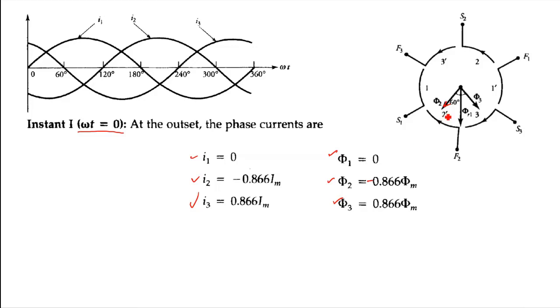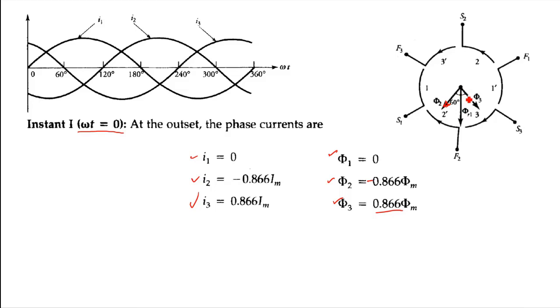Whereas phi 3 is positive 0.866 phi m, so it is plotted from 3 dash to 3, that means from north to south. This is your south, this is your north, right? So phi 3 will be plotted like this. Phi 2 is opposite to whatever it is under the positive condition.